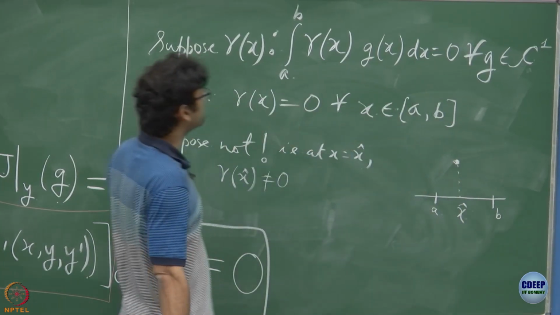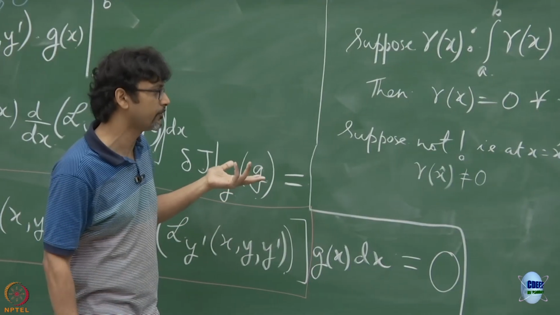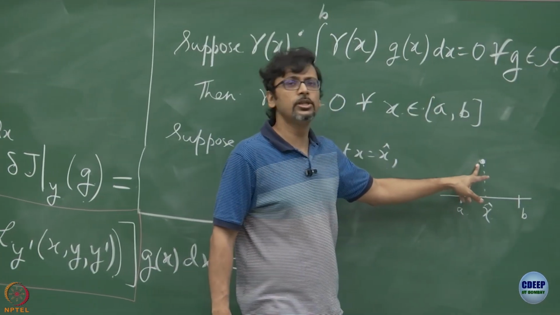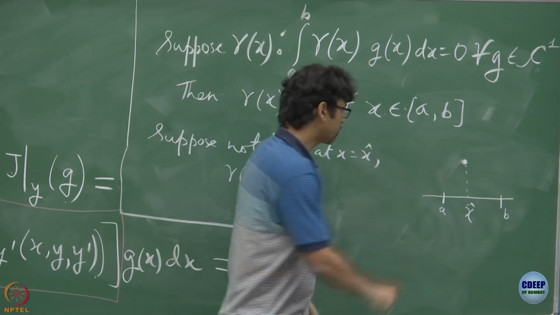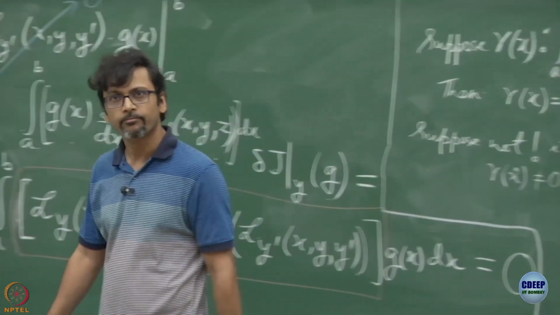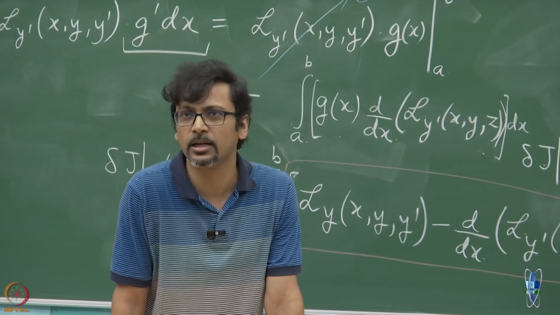Now because gamma itself, I have not written it here, but gamma itself is also a smooth, continuously differentiable function. So if it has a non-zero, say positive value here, in a small neighborhood around it, it cannot suddenly disappear. At least it's a continuous function, it cannot suddenly vanish.